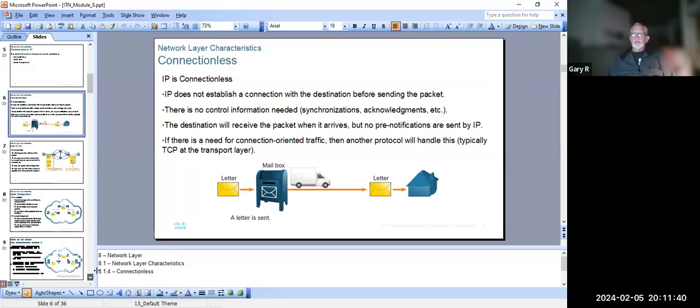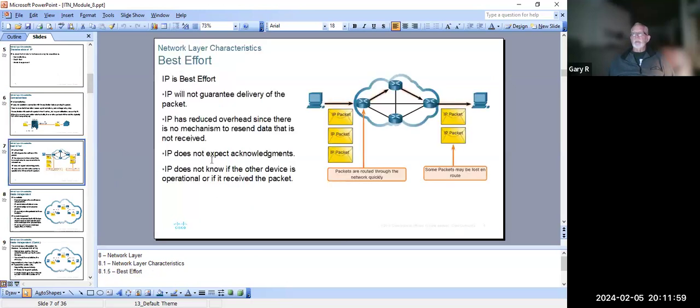If it gets there and it's damaged, IP is not looking for a notification that a damaged packet was sent. If it gets there and it's intact, IP is not looking for an acknowledgement that it got there. So it's connectionless.